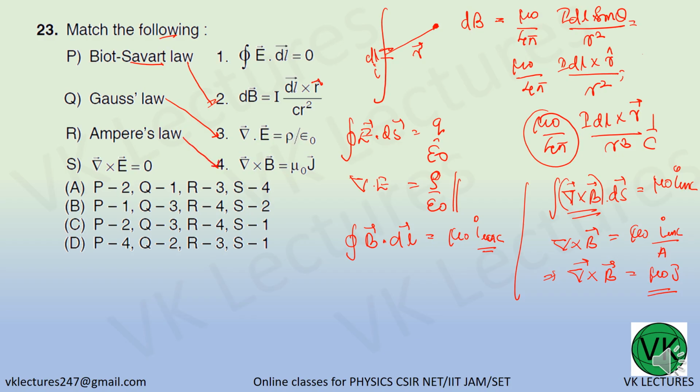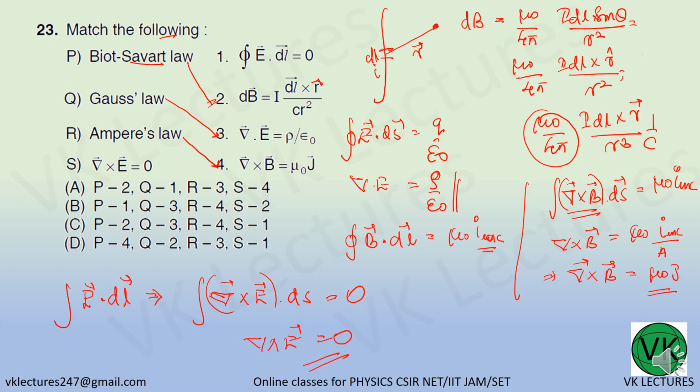Now integral E bar dot dl bar, again we can write it as integral del cross E dot ds equal to 0, which means del cross E equal to 0.